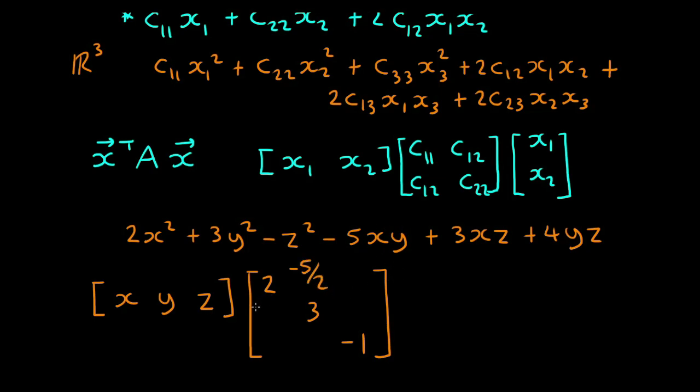And in row 2, column 1, we have minus 5 on 2. And in row 1, column 3, we have 3 on 2. And row 3, column 1, we have 3 on 2. And row 2, column 3, we have 4 on 2. And row 3, column 2, we put 2. And that's multiplied by our vector x, having components x, y, and z.